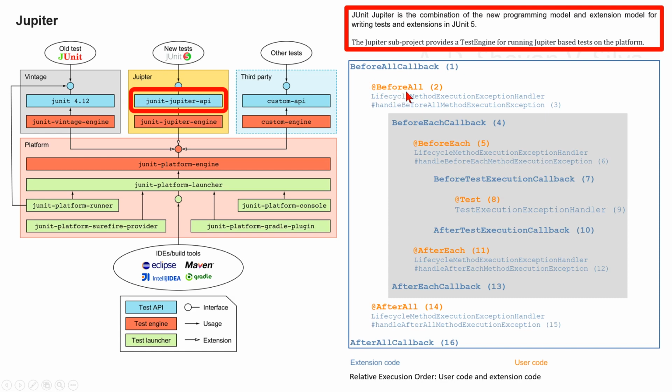User supplied test and lifecycle methods are shown in orange, with callback code implemented by extensions shown in blue. The gray box denotes the execution of a single test method and will be repeated for every test method in the test class.